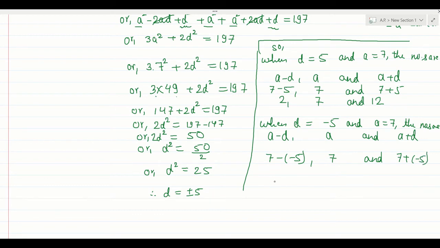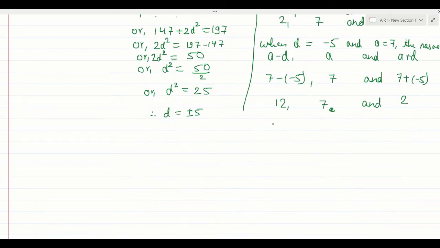So it is how much? 12, then 7, and the last one is how much? 2. So at last, therefore, the numbers are 2, 7 and 12. That's it. Now let's go to next question.